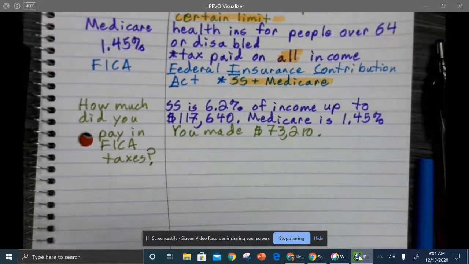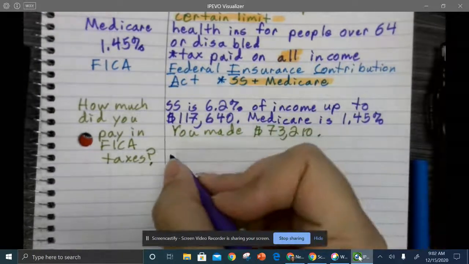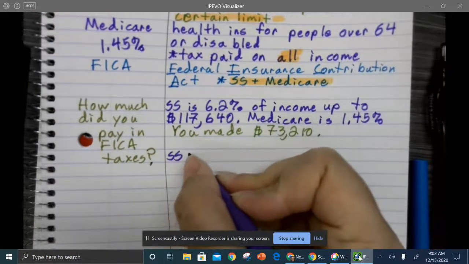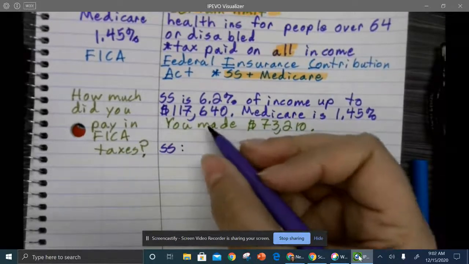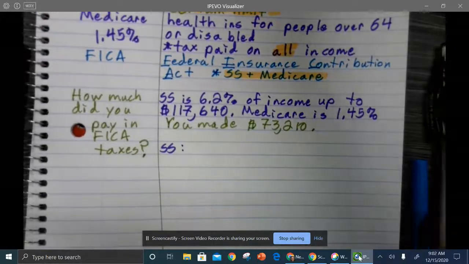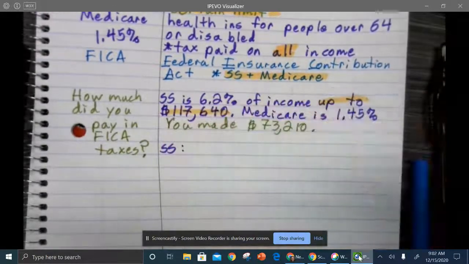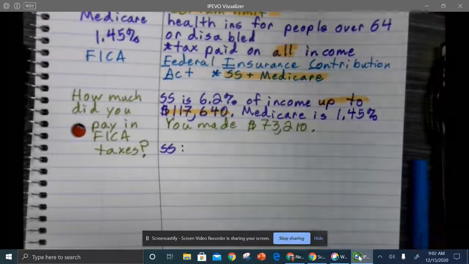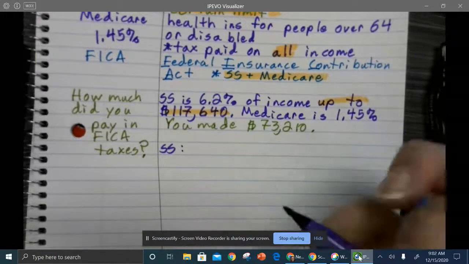Okay, so let's break it down, everybody. Okay, so Social Security. Okay, so it's going to be all of it because you did not go to the limit. Okay, so remember the limit, so up to. So everybody always look. Okay, 73,000 is not more than 117,640.